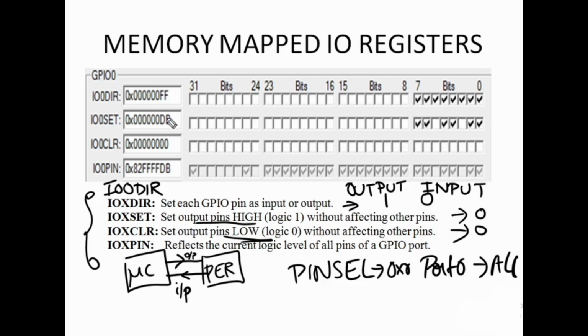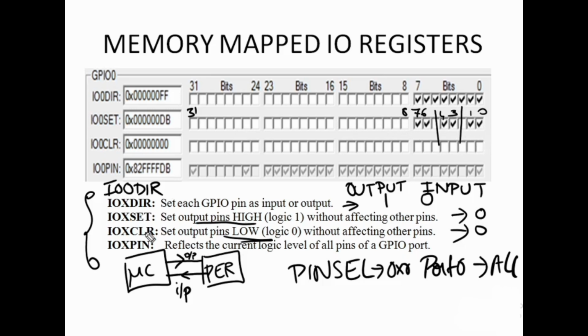That is, if I am sending a value to IO0SET, only the output pins get affected, in positions 0, 1, 3, 4, 6, 7. Other positions, from 31 to 8, and if you consider pin number 5 and pin number 2, these will retain their previous values.